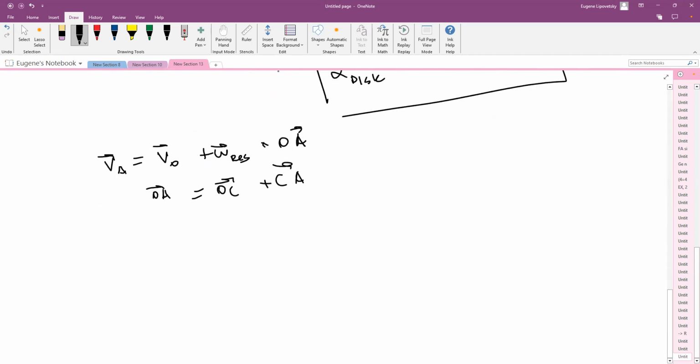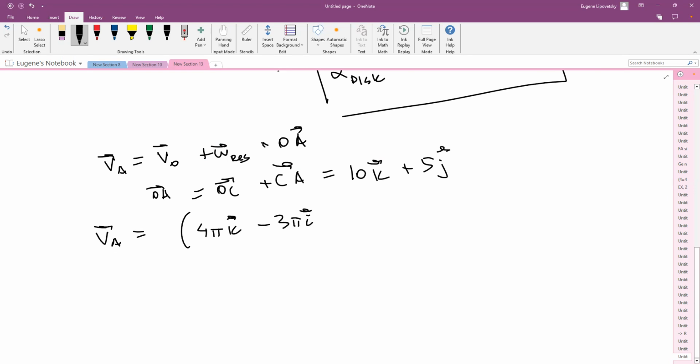So going back to this one. OA is going to be 10K plus 5J. So the result is that VA equals resultant angular velocity 4 pi K minus 3 pi I, cross product with 10K plus 5J.